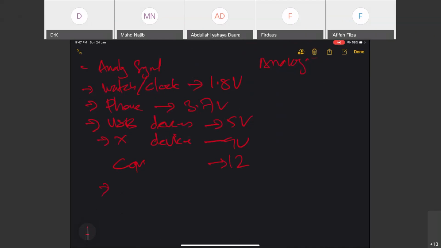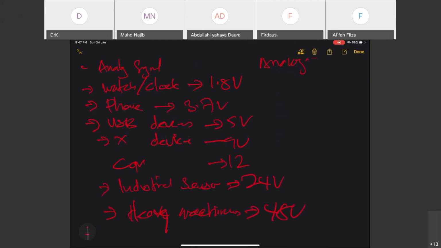Some industrial sensors, they are using 24 volts. In some heavy machineries, they're using 48 volts.